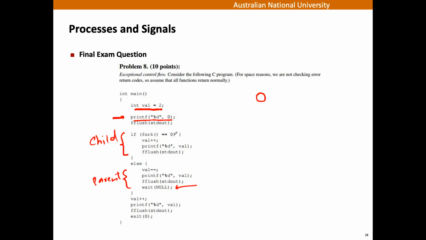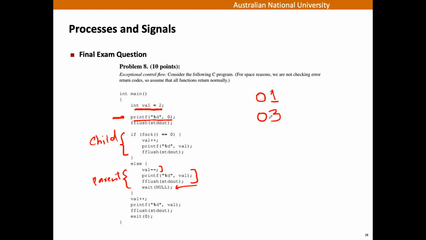If the parent executes first, what will be printed here? This is val minus minus. Val is 2. So if the parent goes first, what will be printed? If the child goes first, what will be printed? Okay, so we now know that nothing else is possible. So 0, 4 is not possible, right?